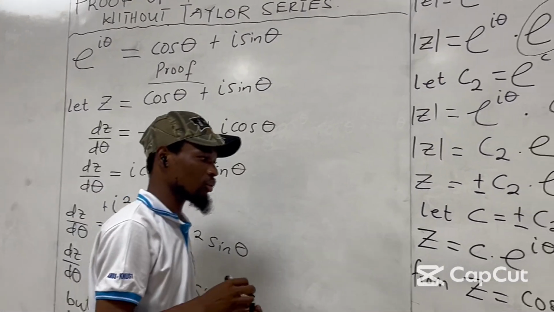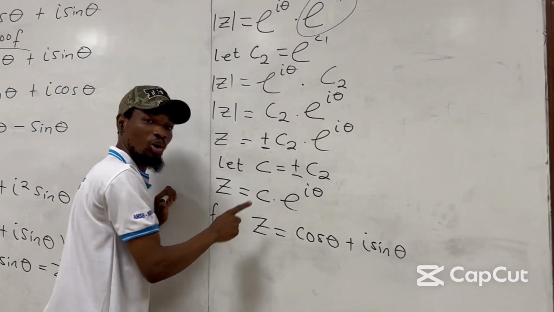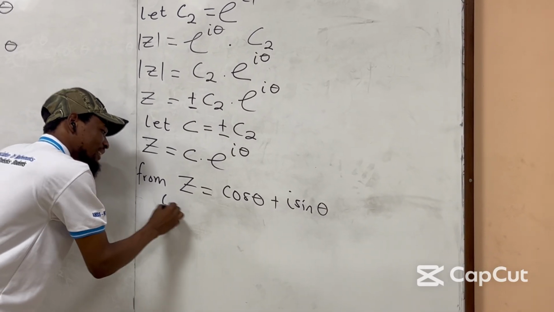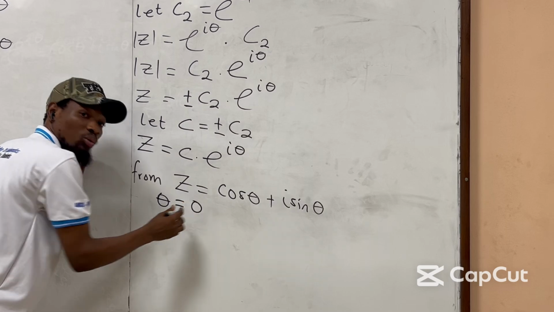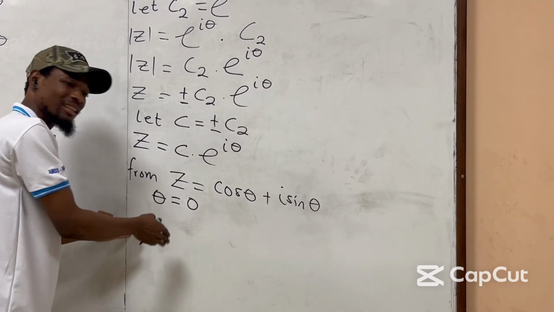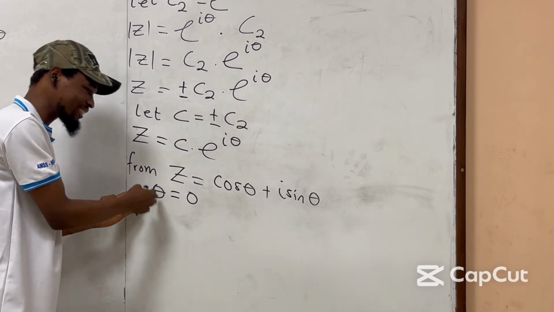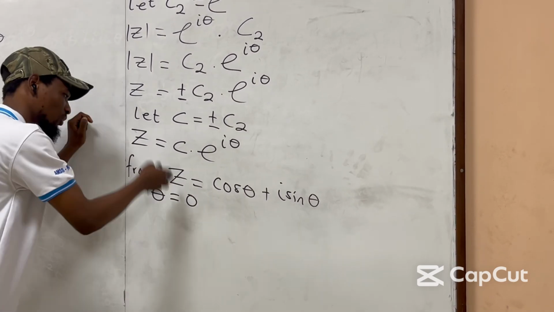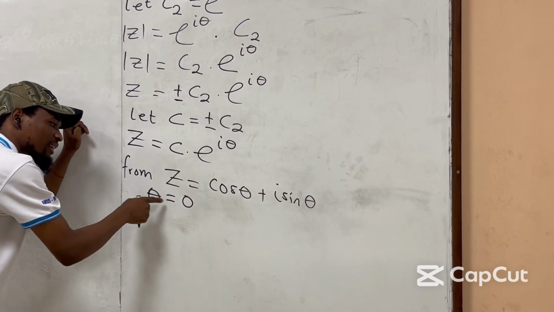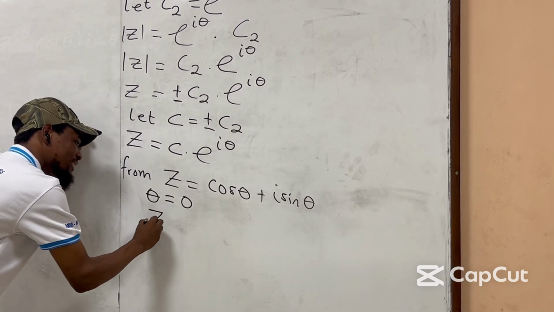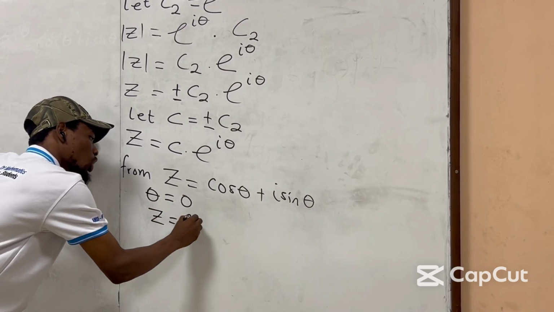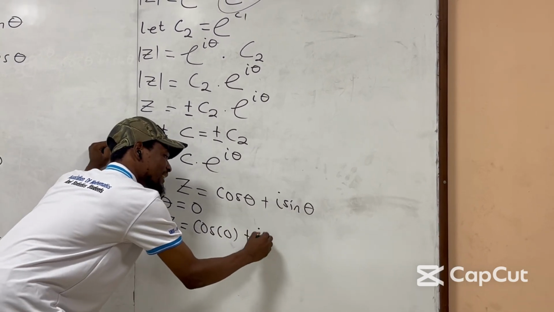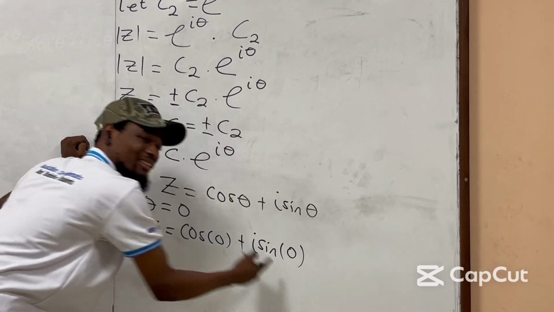So now, to prove that c is equal to 1, we just say that let the angle theta be equal to 0. You can choose theta to be any value, but if you make theta 0, it simplifies your calculations. So when theta is equal to 0, I'll have z is equal to cos of the angle 0 plus i times sine of the angle 0.